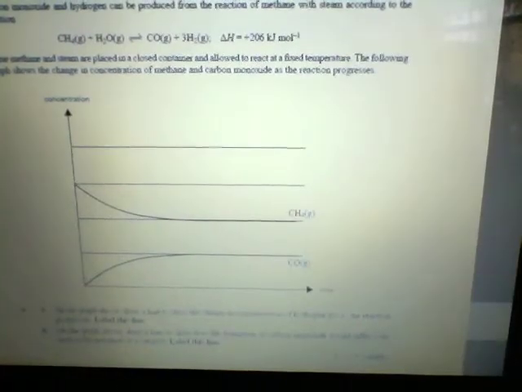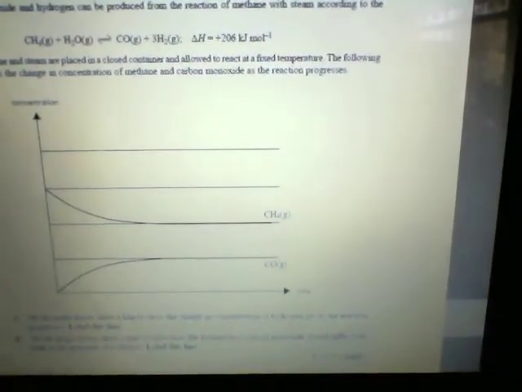This example says that carbon monoxide and hydrogen can be produced from this reaction. Some methane and steam are placed in a closed container and allowed to react at a fixed temperature. The following graph shows the changing concentration of methane and carbon monoxide as the reaction progresses.